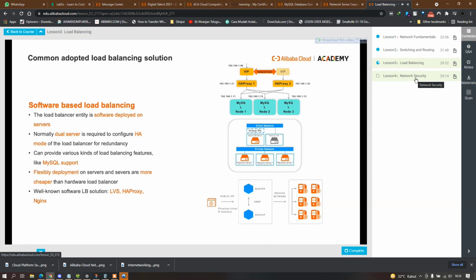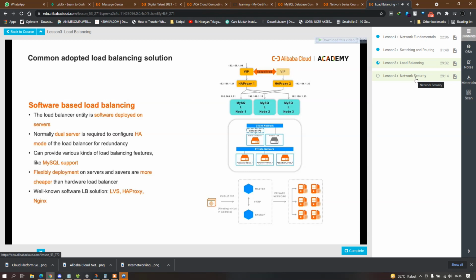The next one is flexible deployment on servers, and servers are cheaper than hardware load balancers. This is the advantage of software-based load balancing compared with hardware load balancing. Because it is software, you can deploy it on any operating system and on any servers, instead of buying a dedicated server or preparing dedicated hardware to deploy the load balancing service.